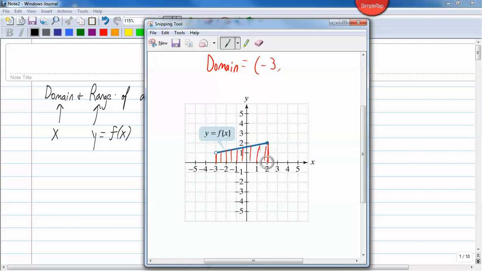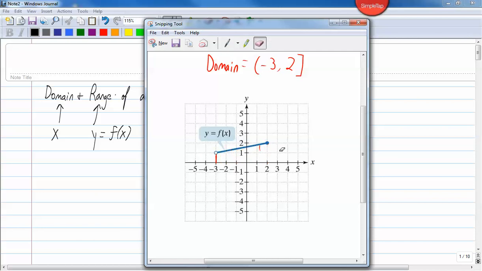That's the last x value that we have in our domain. And it's a shaded circle. So we put 2 with a bracket. We put a parentheses when it's an open circle. We put a bracket when it's a closed circle or just a solid line.